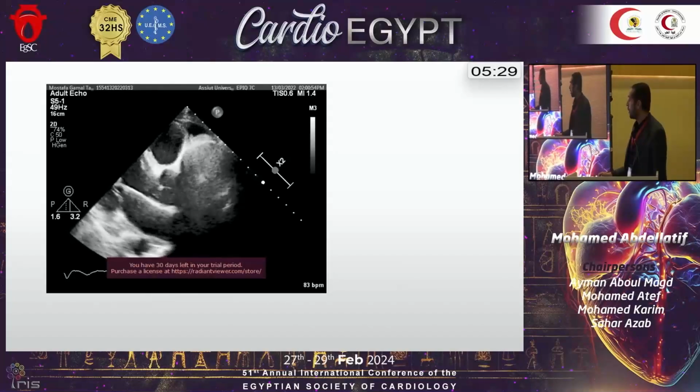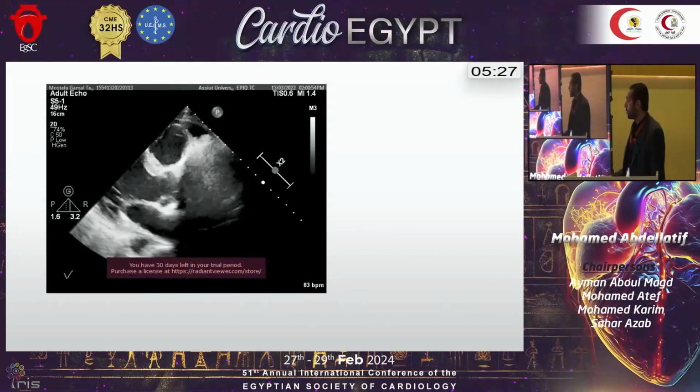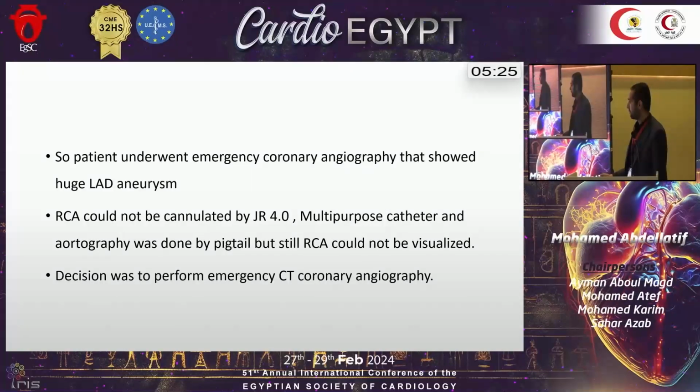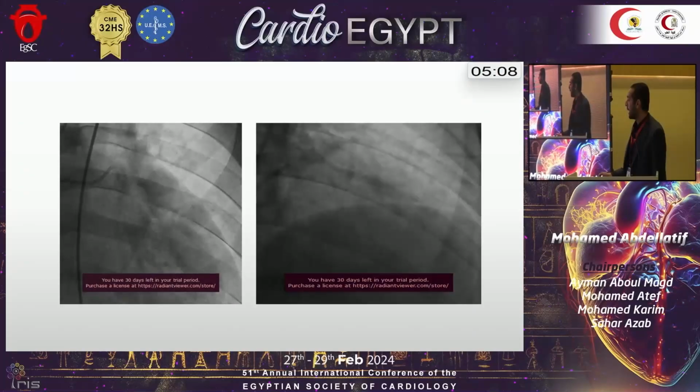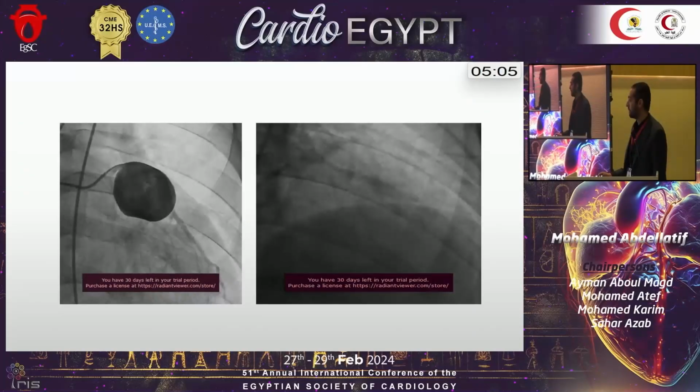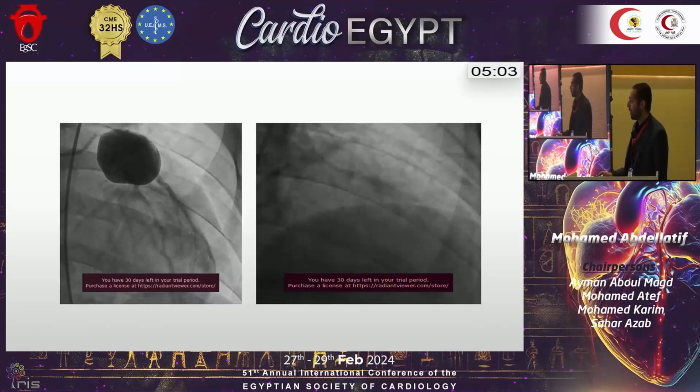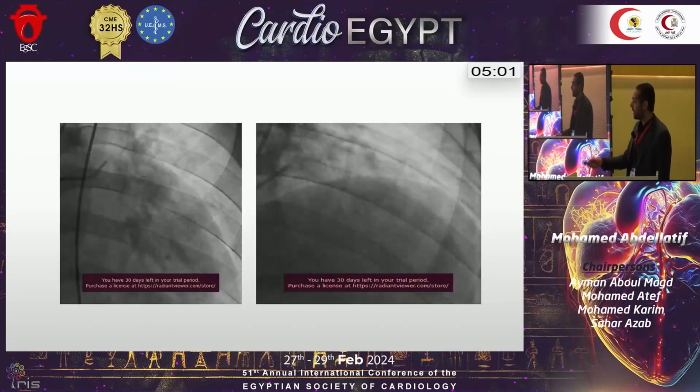Our decision was to go for primary PCI, which showed a huge LAD aneurysm. Unfortunately, we couldn't visualize the RCA after using many types of catheters. We used a pigtail to do a non-selective angiography in order to identify the RCA, but we couldn't.